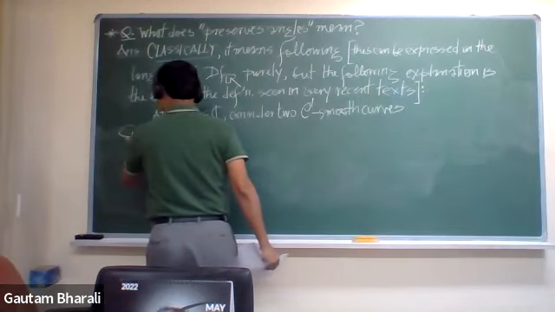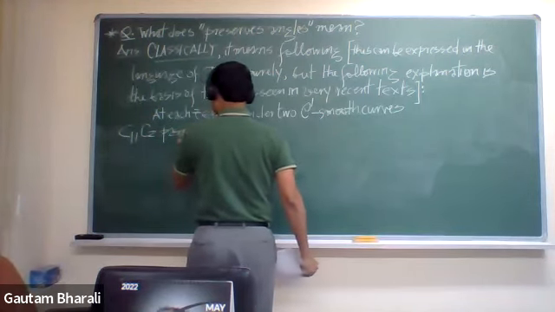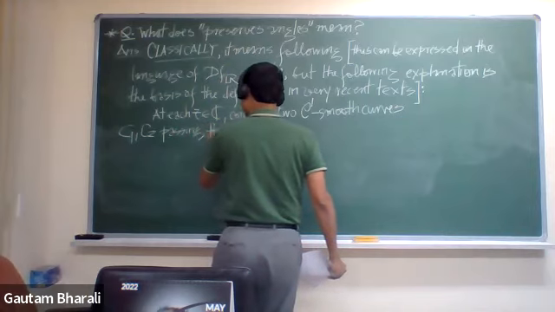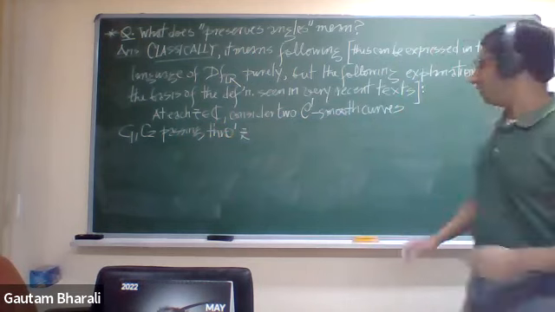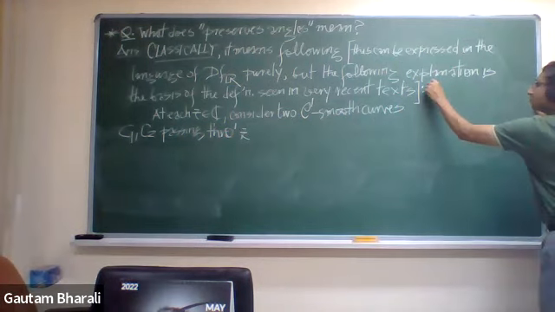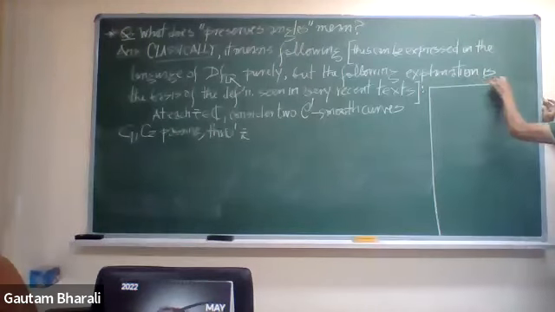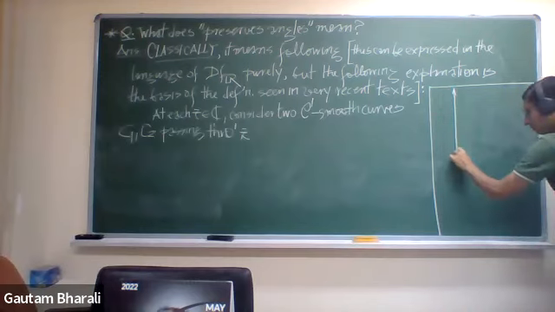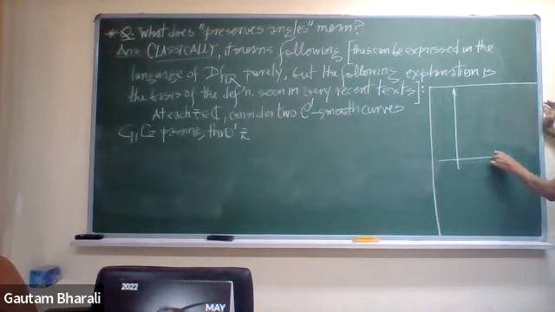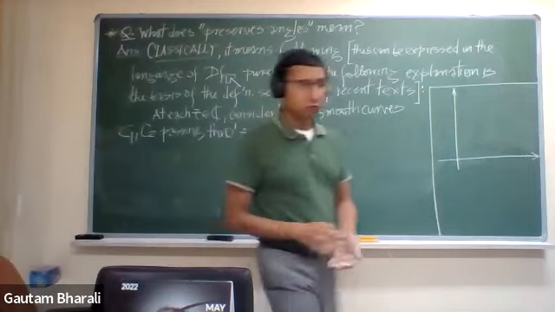Say capital C1 and capital C2 passing through Z. So the picture here would be sort of like this. This coordinate axis that I drew is a representation of R2.